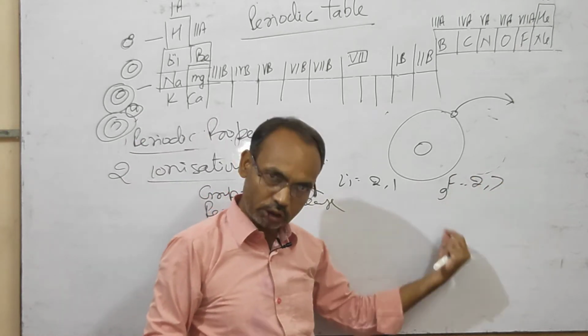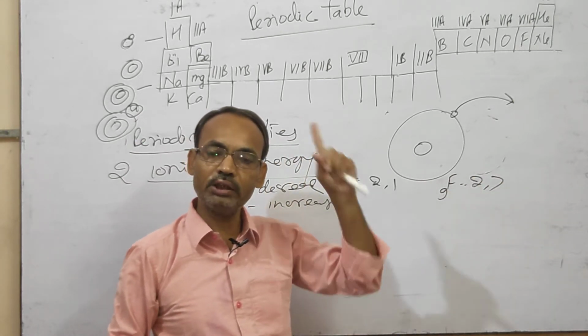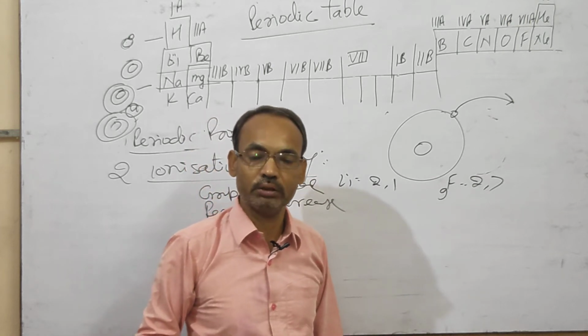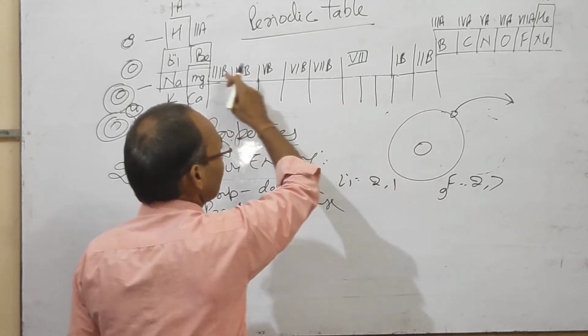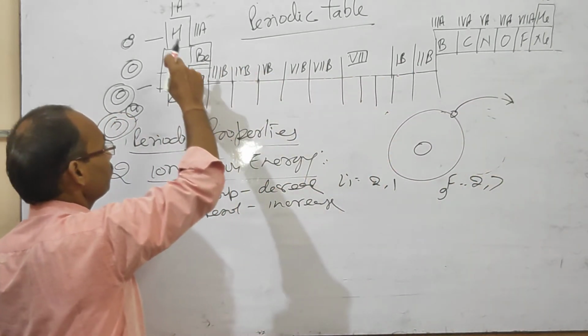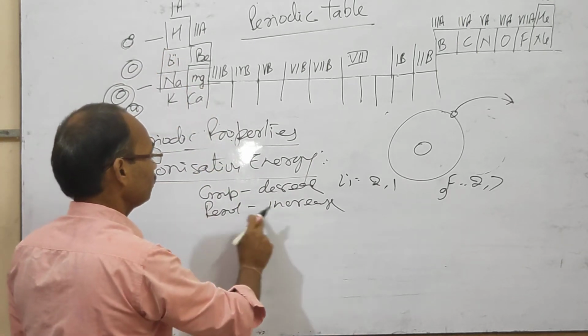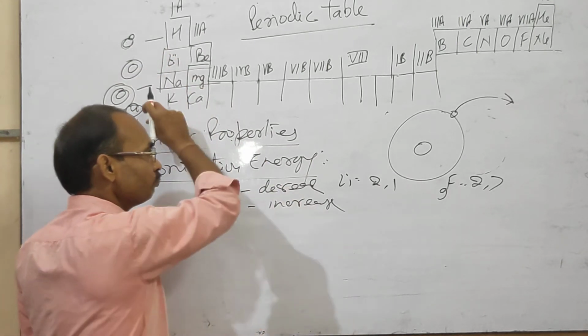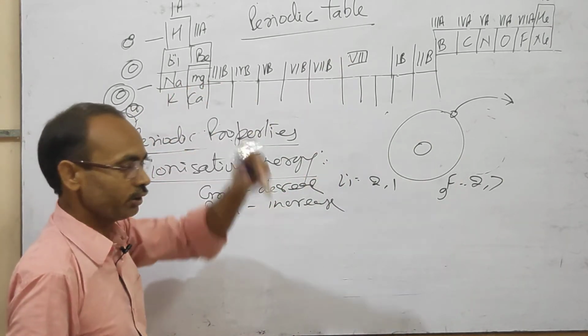So it wants to gain an electron, and it will lose an electron only with a high amount of energy. So the ionization energy of this element is more and of that element is less, and so the ionization energy increases in a period from left to right.